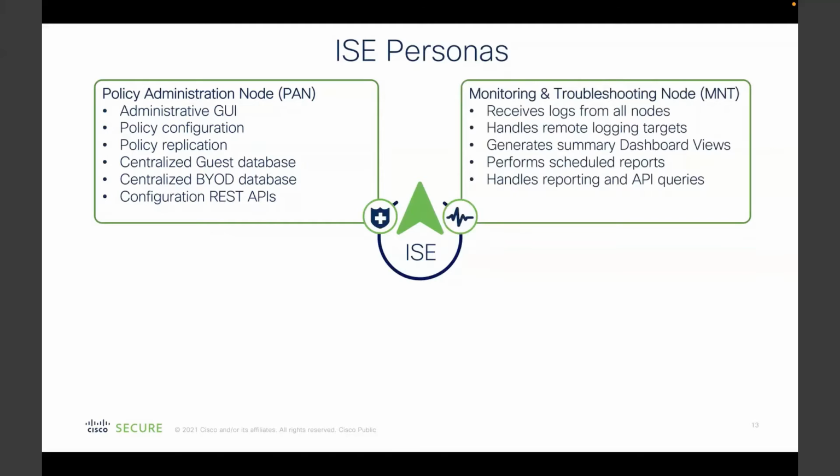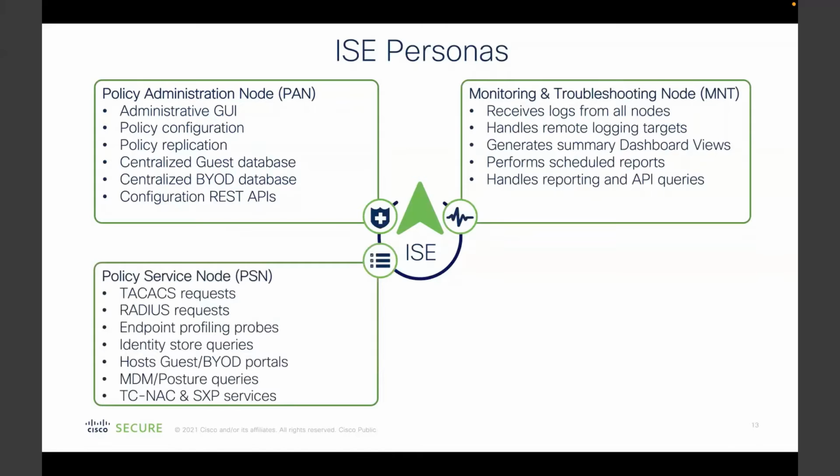It can generate summaries and reports for you that are available in the ISE dashboard in the policy administration node. And it also even has some limited queries that you can do to get information directly from those logs in the M&T node for the AAA logs.